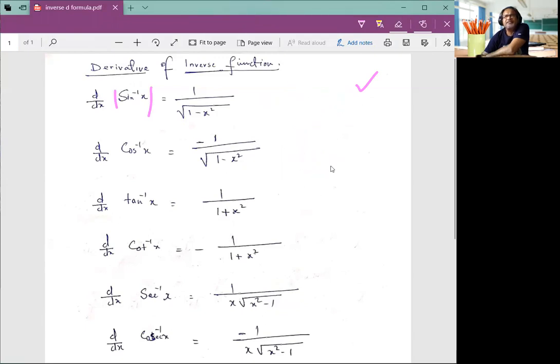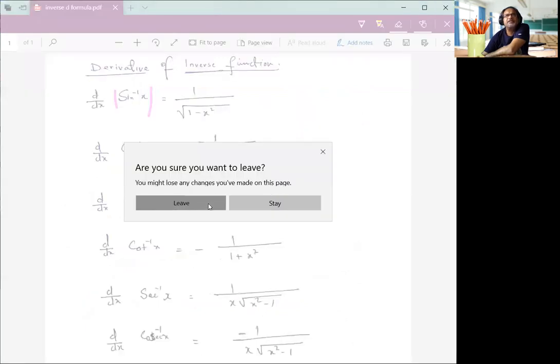So firstly, I am telling you to recall this formula, and then I will show you how to find the second derivative. So now I am coming to the second derivative problem.